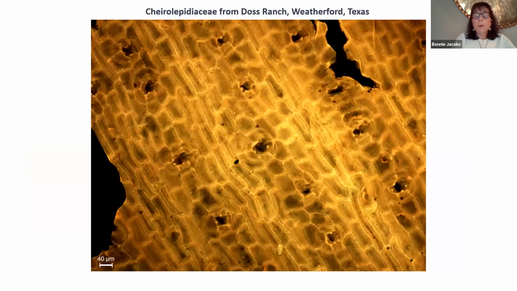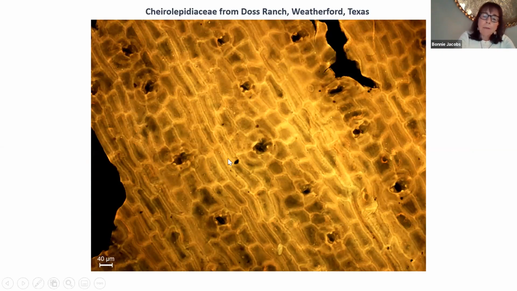And at this site, we don't have seeds, we don't have cones and shoots, but we have lots and lots of pieces of the plant cuticle. And again, because the Cheirolepidiaceae produce such thick cuticles, sometimes you just get massive amounts of the cuticle itself preserved. So here is a view of cuticle from the Doss Ranch site where you find the dinosaur.